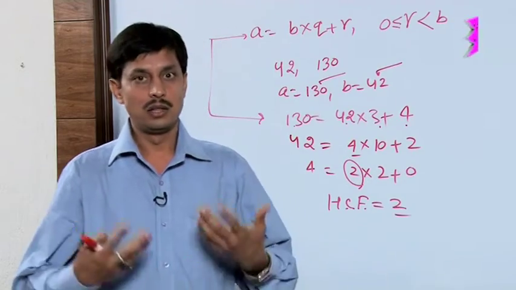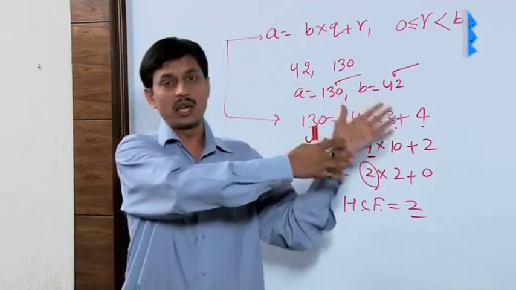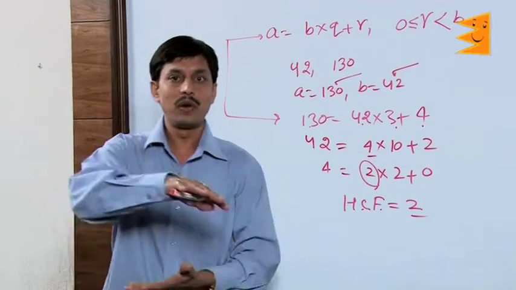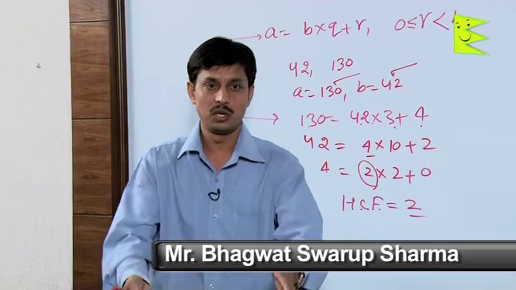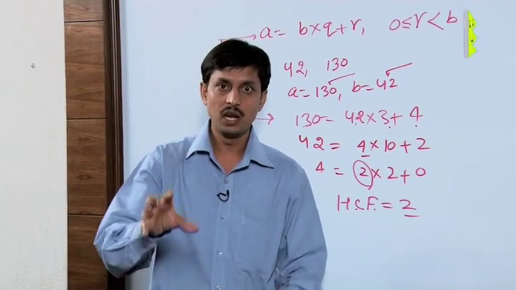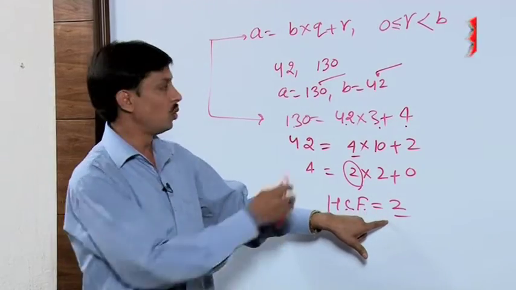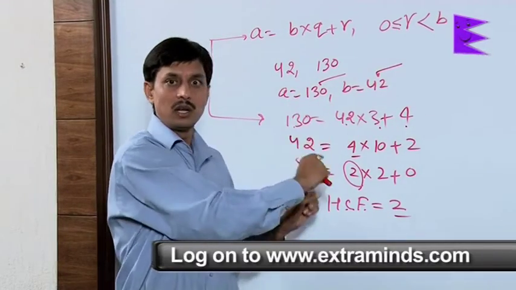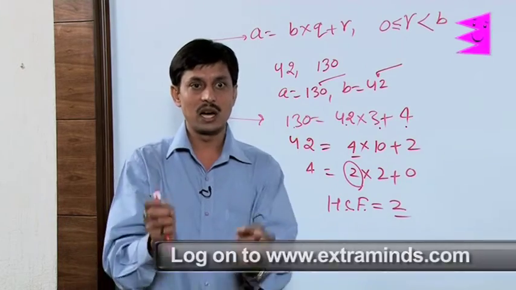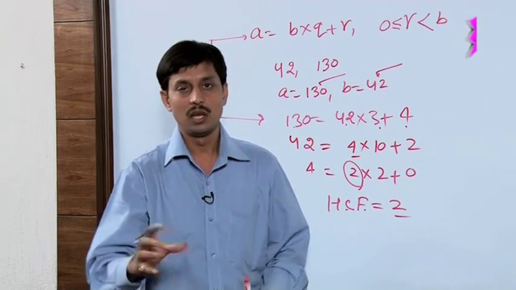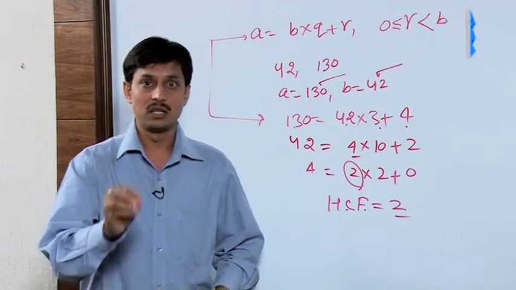There is a problem here: yes, we can find the HCF, but if I ask you the reverse, many times students are not in a position to answer. It is so simple. Whatever the HCF is, divide both numbers by the HCF and you will find that the quotients are relatively prime. If the quotients are relatively prime, it means that it is the HCF.